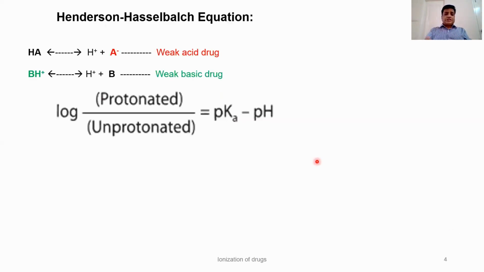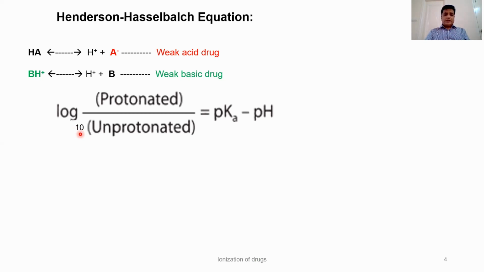The whole theme of this discussion is based on the Henderson-Hasselbalch equation, which states that the ionization status of the protonated or unprotonated form of a drug can be given by this equation: log of protonated over unprotonated is equal to pKa minus pH, and the log is to the base of 10.